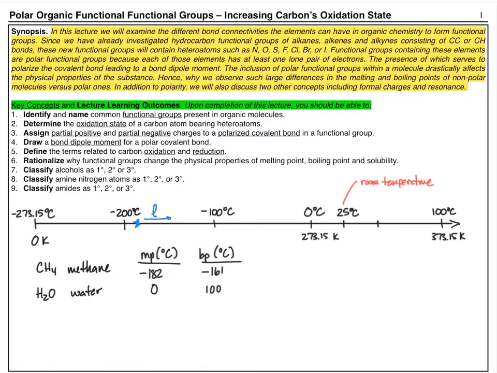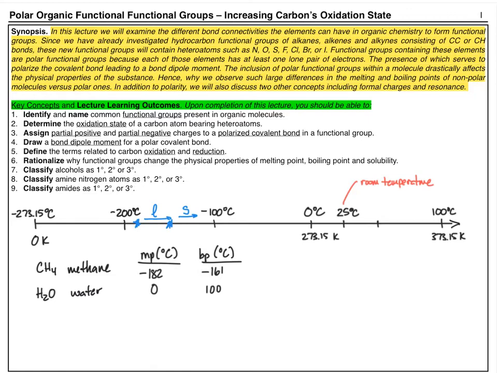So it's going from solid to a liquid, then around negative 161 it boils, and then moving this way it's a gas. So at room temperature, methane is a gas. For water at room temperature, water is obviously a liquid.